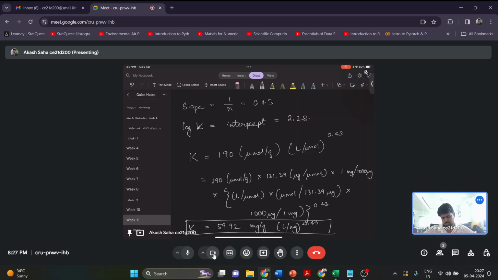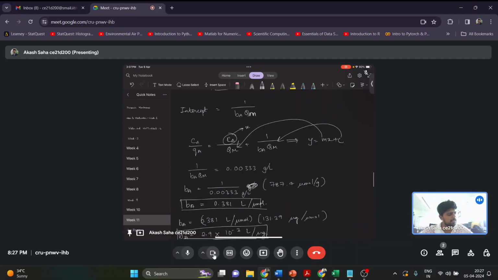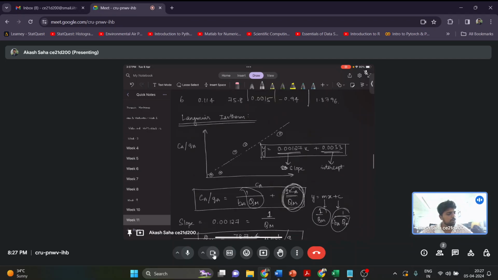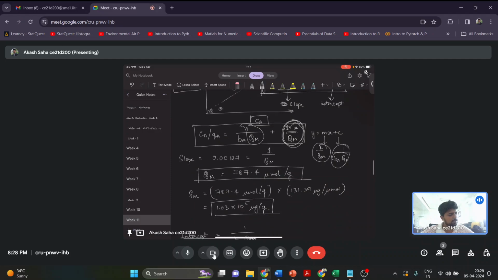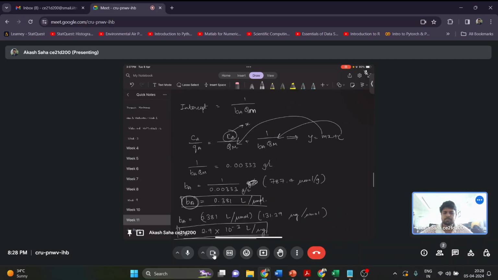Okay. So if you can see that Freundlich isotherm fits better. So nothing much. Just keep it in mind that for the Langmuir term, we will draw a curve between Ca by Qa and Ca, and then find the equation of the line and find out the slope and the intercept. So these are my parameters Qm and Ba.